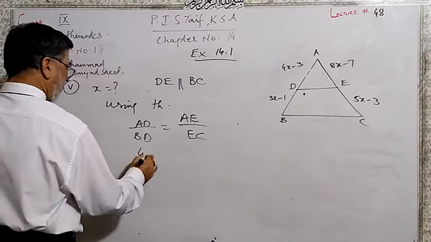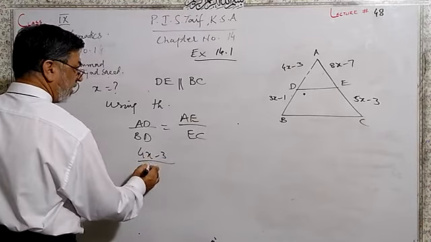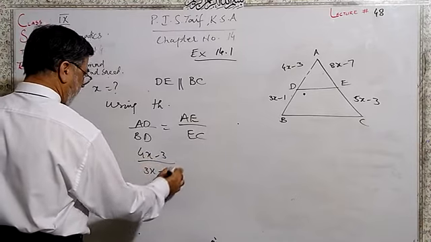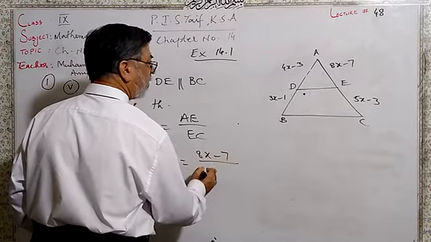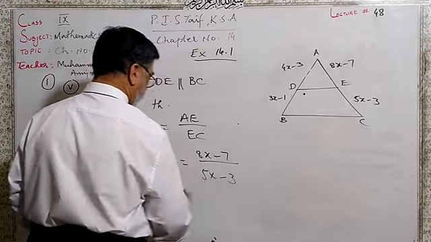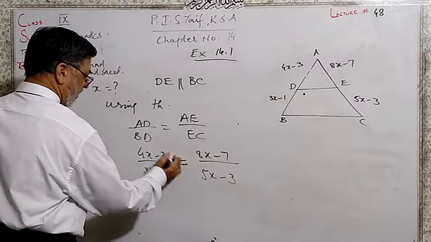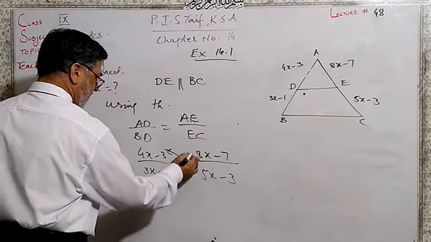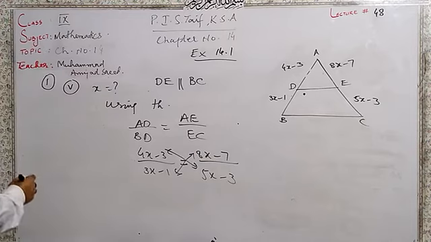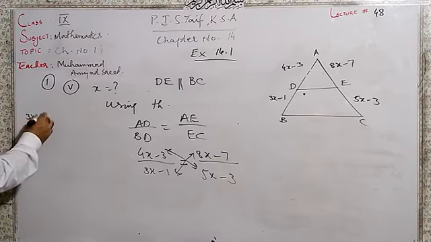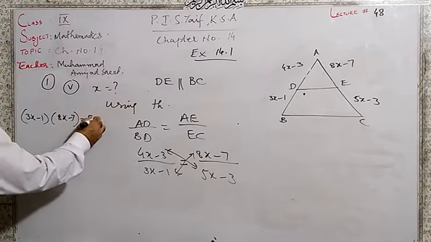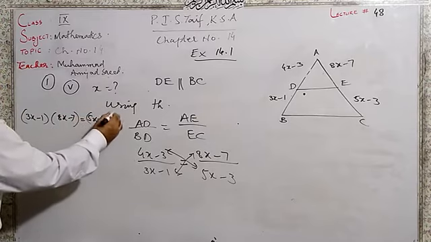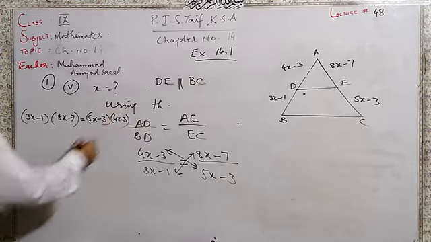So (4x minus 3) over (3x minus 1) is equal to (8x minus 7) over (5x minus 3). Cross multiplying, we get (3x minus 1) into (8x minus 7) equals (5x minus 3) into (4x minus 3).